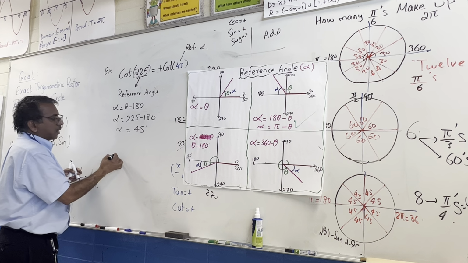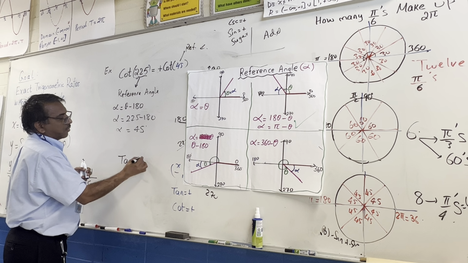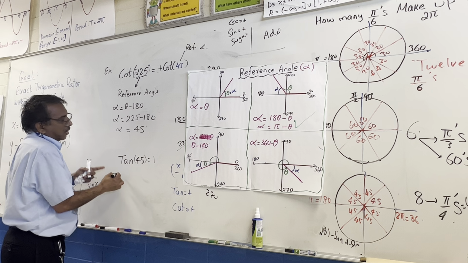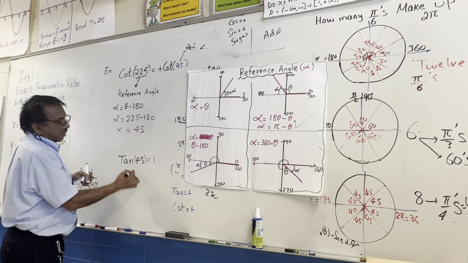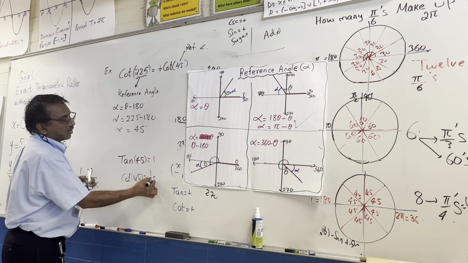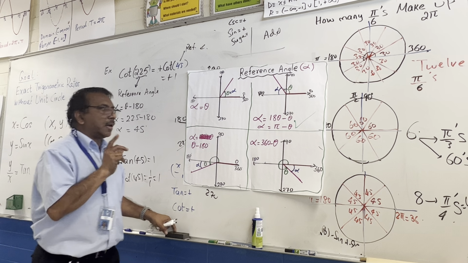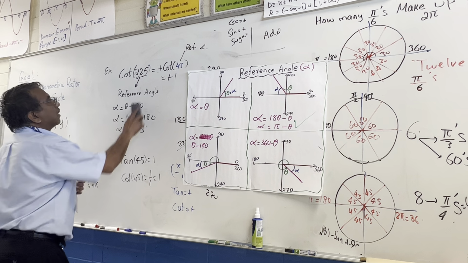If you do not know cotangent of 45, at least we do know by default that tangent of 45 is 1. If tangent is 1, then the cotangent is 1 over 1, which is 1, and you're done. So this is going to be plus 1. So simple. Let's take two more.